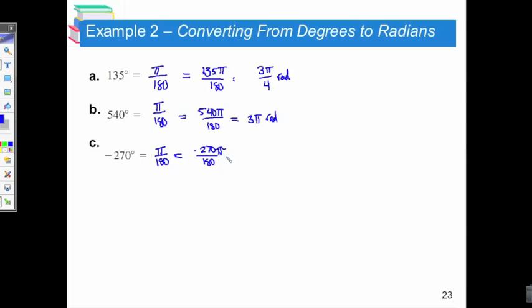Now I'm looking for a number that goes into both of these, and it turns out that number is 90. 90 goes into 270 3 times, so that becomes 3 pi on the top, still negative. And on the bottom, 90 goes into 180 twice. So my conversion here, a negative 270 degree angle, is negative 3 pi over 2.